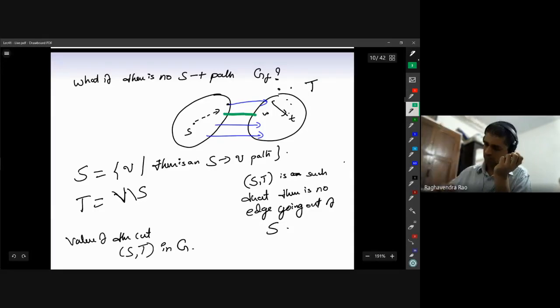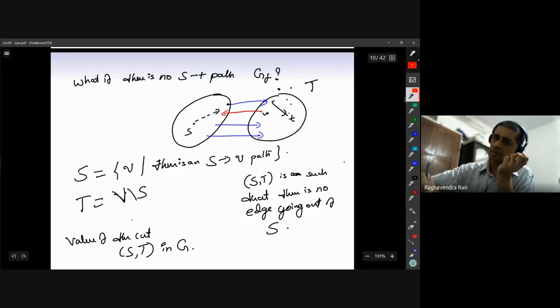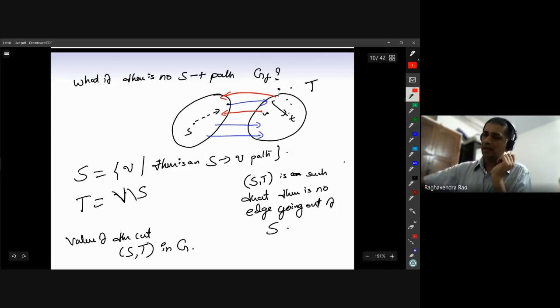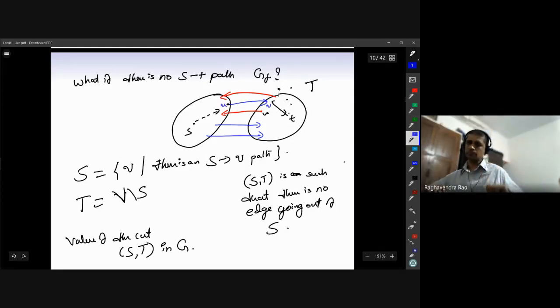Edges in G. There could also have been edges backward in GF, or in G itself there would have been backward edges as well as forward edges. So now let's look at edges that were in G. Let's say UV.